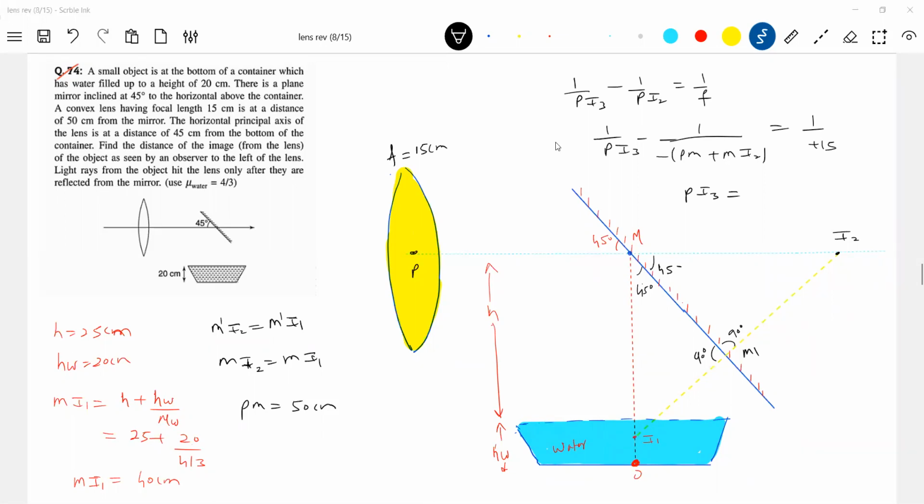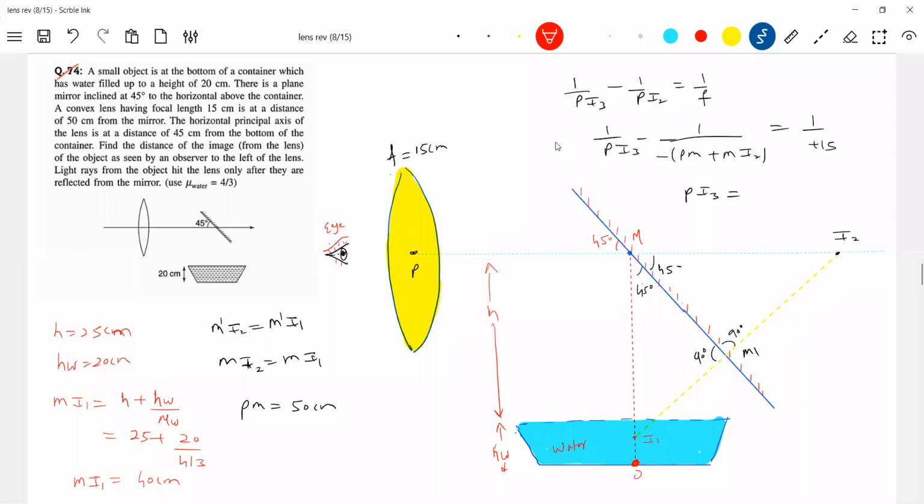18, huh? 18. So where is the observer? Observer is here. Eighteen centimeter.